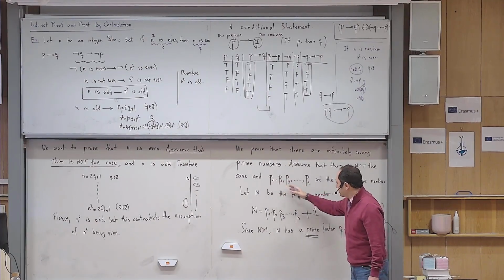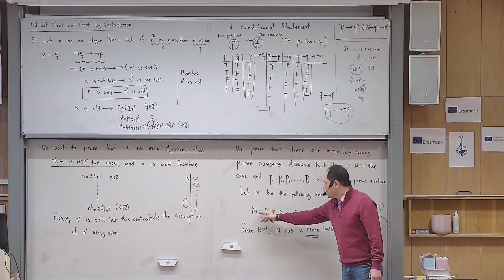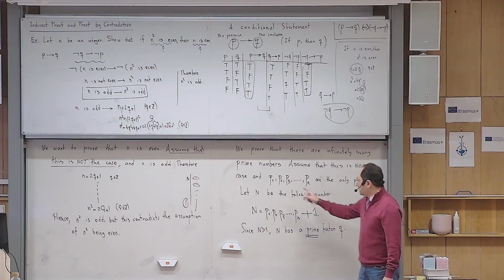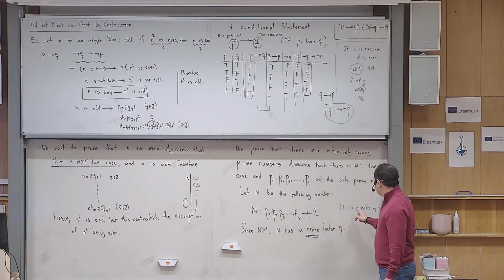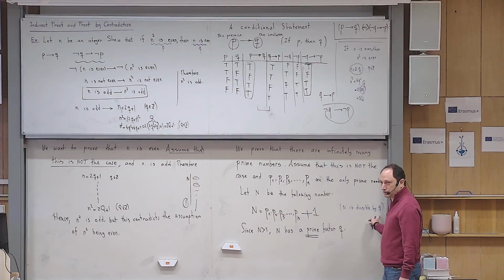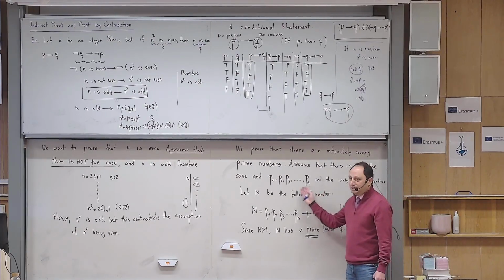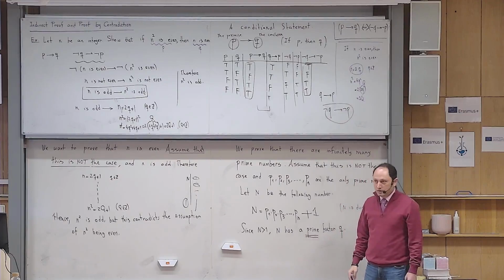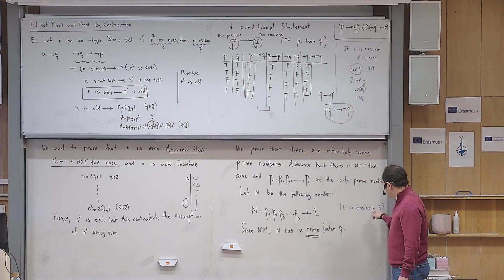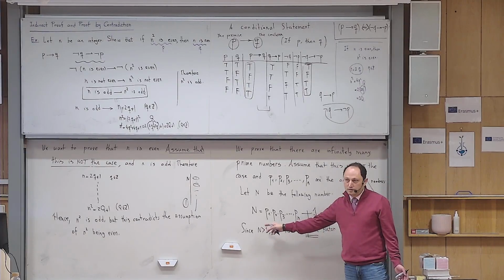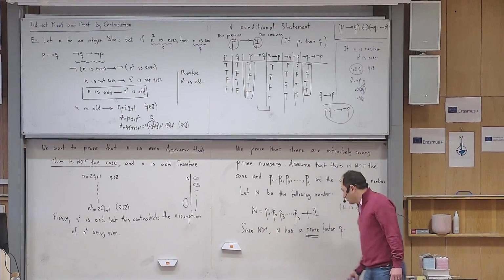You write the list of all of them. And he constructed a very peculiar number here. And then he said that this number has a prime factor, call it q. On the one hand, it has a prime factor. On the other hand, you told me this is the list of all prime numbers. So what happens? This q is one of these numbers. Is that clear? Yes.